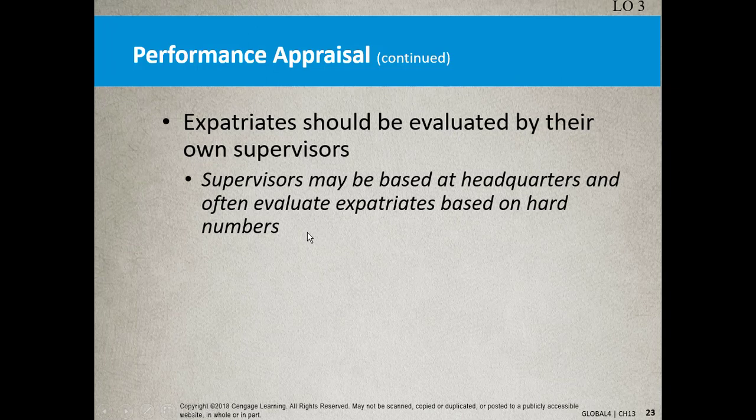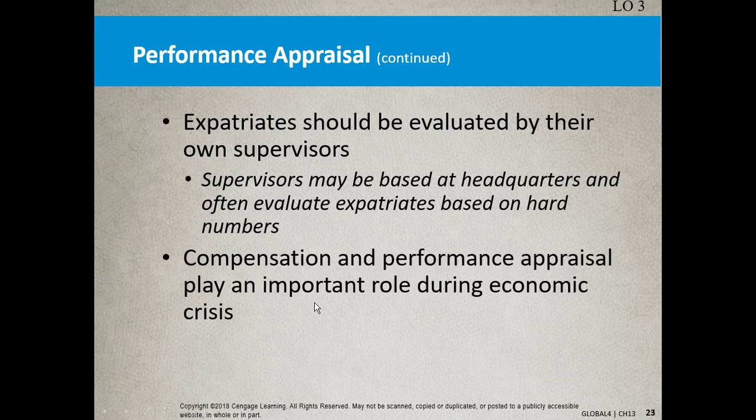We talked about that earlier, to make sure that the paradigm of culture doesn't interfere with the evaluation. Compensation and performance appraisal play an important role during an economic crisis, such as what we have going on now.